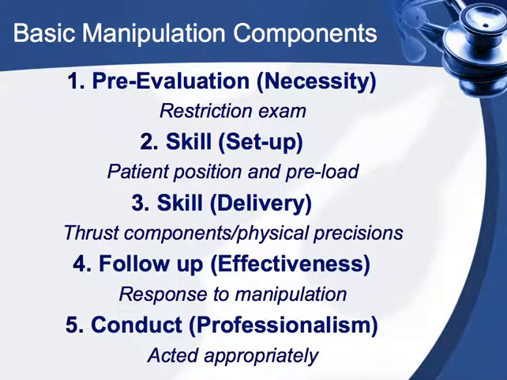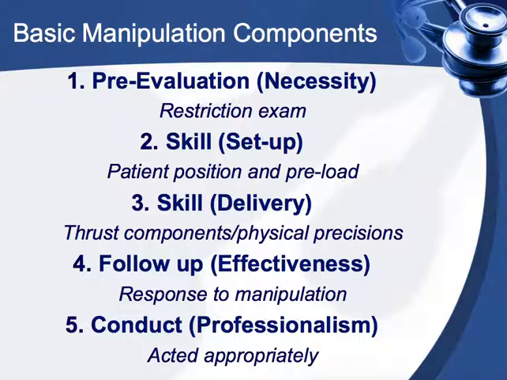This is an overview of each question. Question number 1 on a manipulation assessment is the pre-evaluation or necessity. Did the student establish necessity of a chiropractic manipulation or joint mobilization by doing an examination and finding a restriction? Number 2 is their skill and their setup.